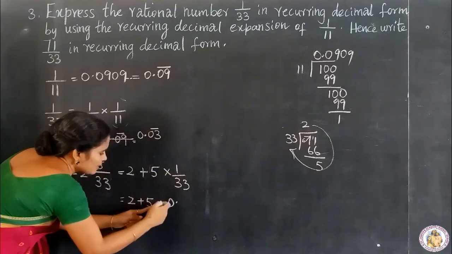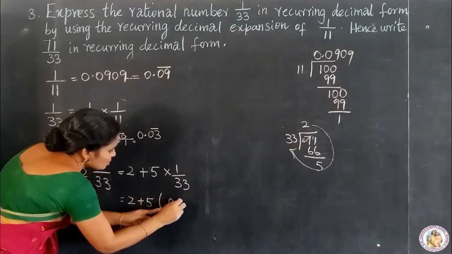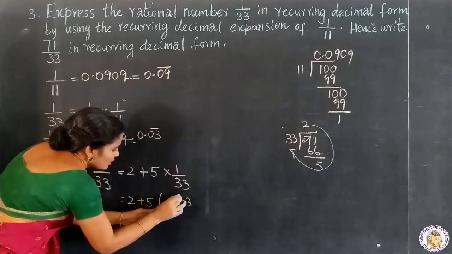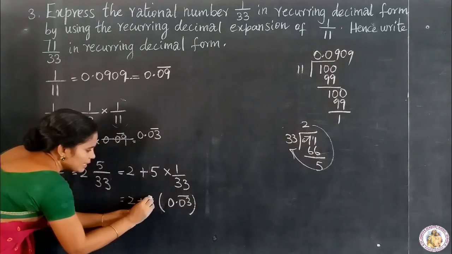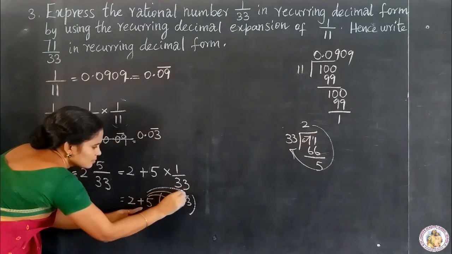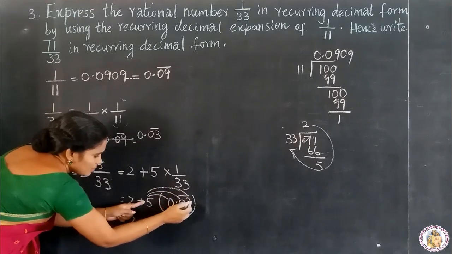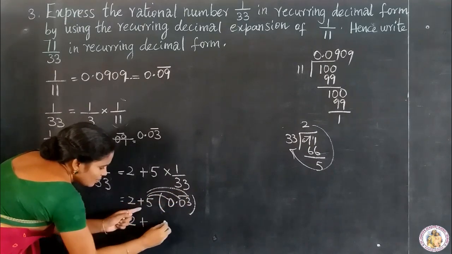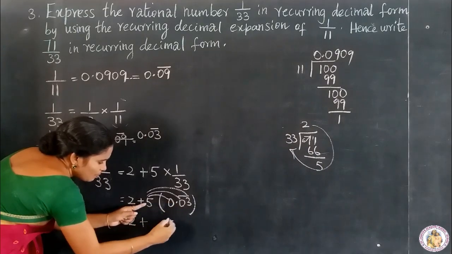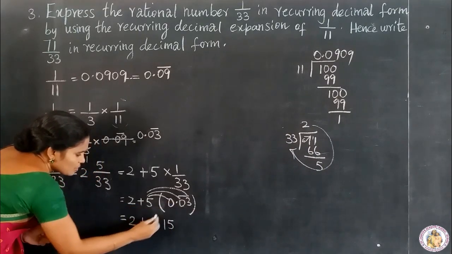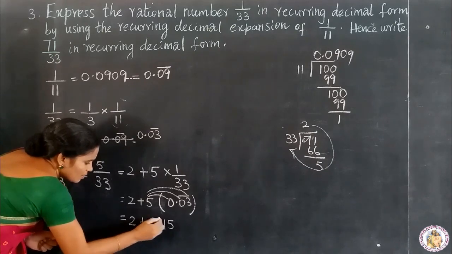So here it is multiplication sign. Write as 0.03 bar. So 2 plus 5 multiplied. Okay. So 5 3s are 15. 5 zeros are 0, 0 plus 1, 1. Okay.